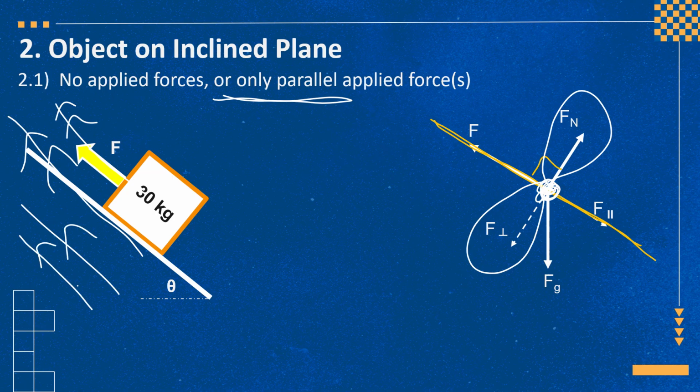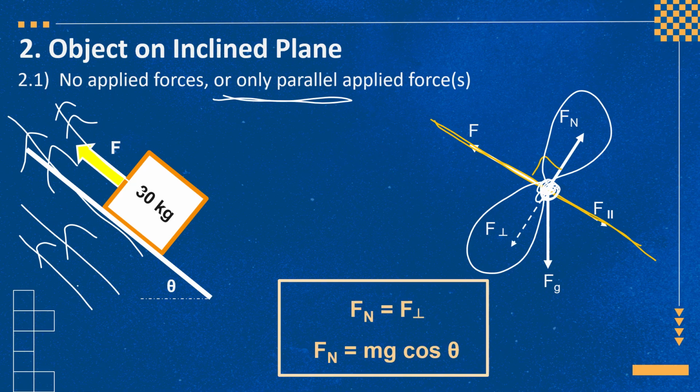As long as you have any applied forces like that or no other applied forces, then your normal force will be equal to the perpendicular component of the gravitational force. And we know from our previous work that F perpendicular is equal to mg cos theta. It's the weight times cos theta of the slope.